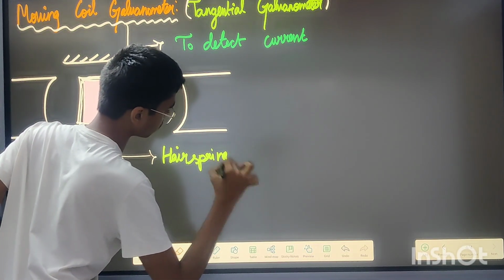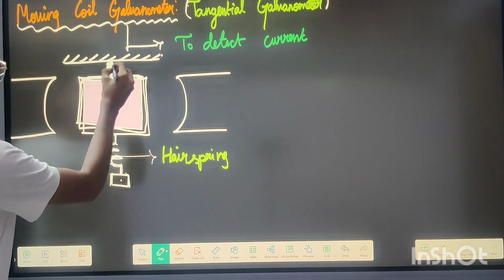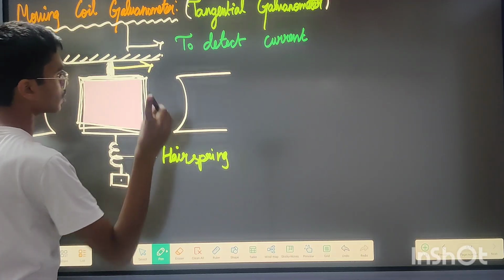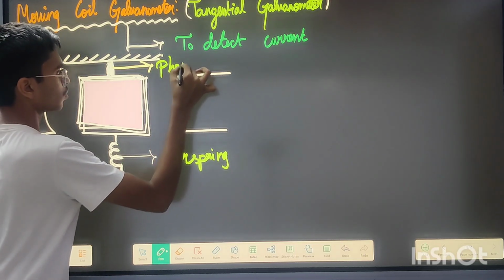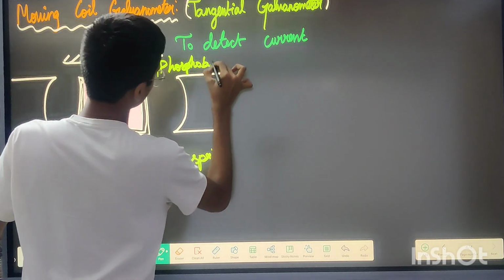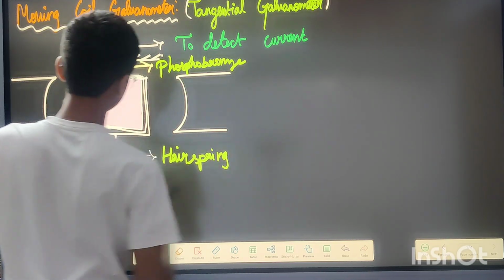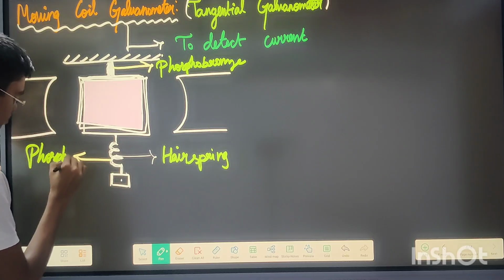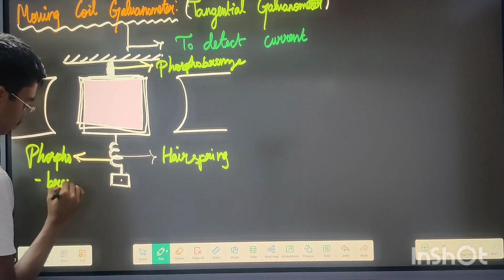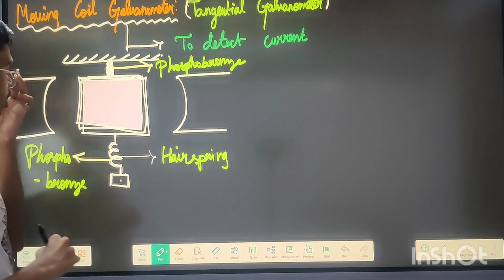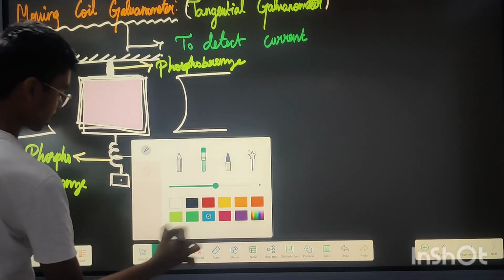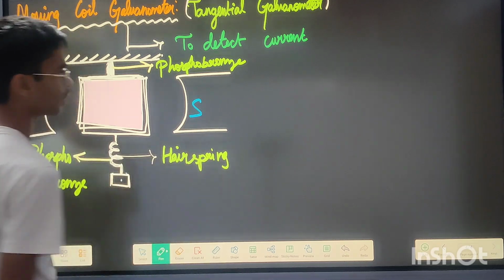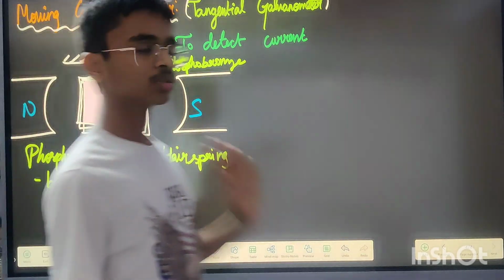These two materials are also made up of phosphor bronze, and this is also made up of phosphor bronze. Over here it is known as the North Pole, and over here it is known as the South Pole. These two are different poles.